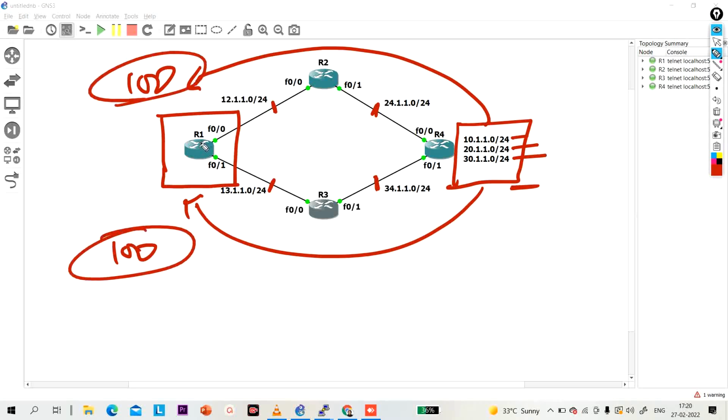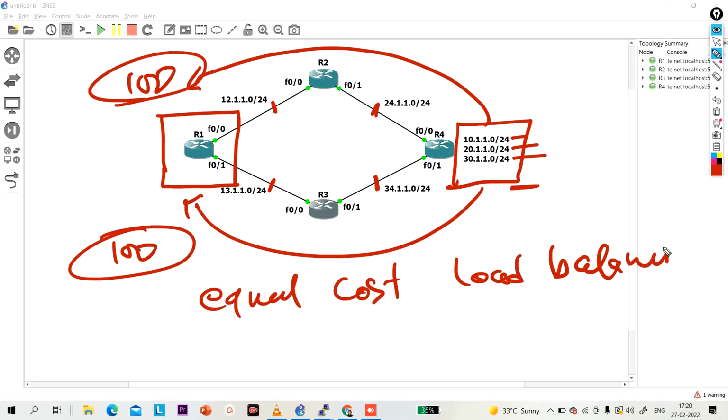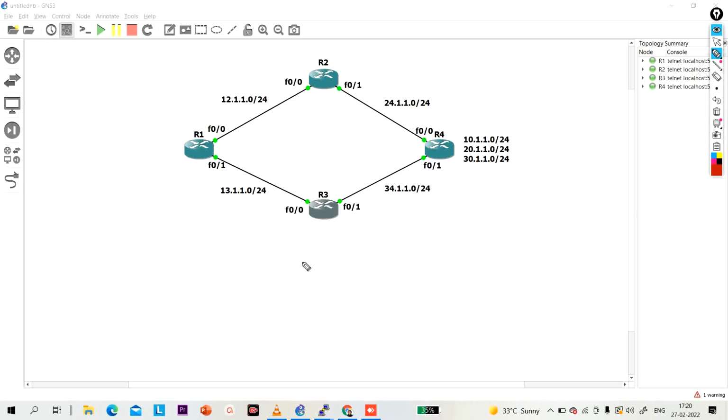So which type of load balancing will R1 perform? That is equal cost load balancing, right? When the cost is equal, the router will perform equal cost load balancing. And suppose we have some more routers over here. Suppose we have one more router R5, connected like this.